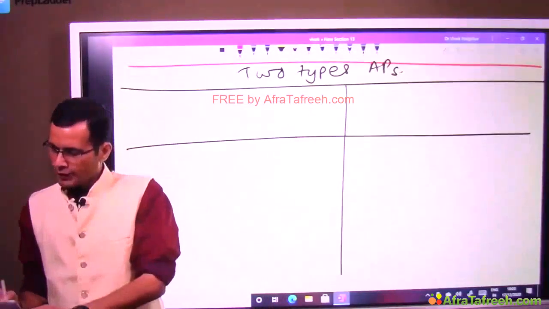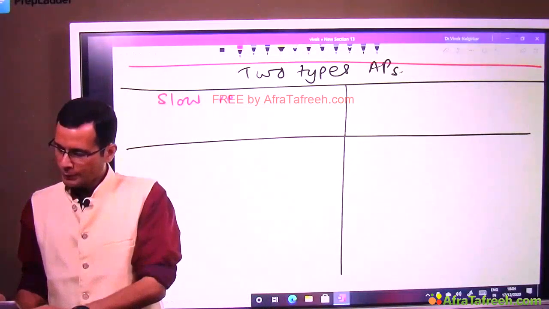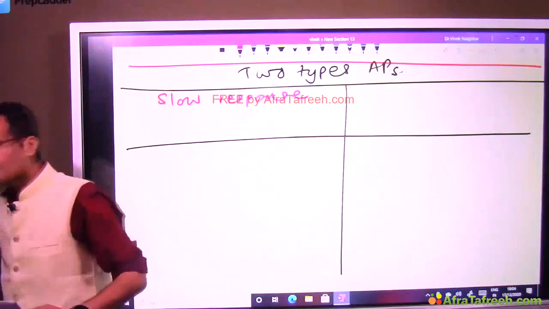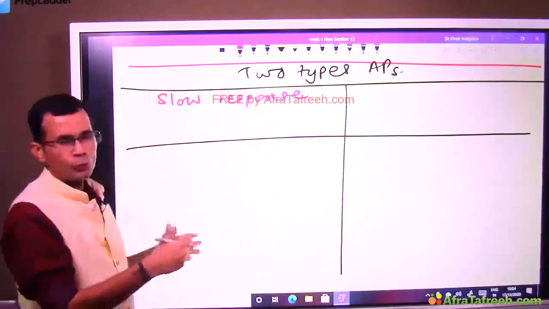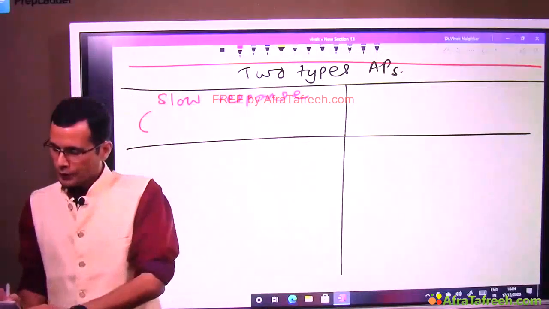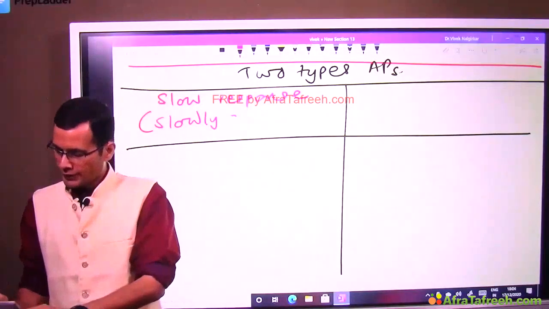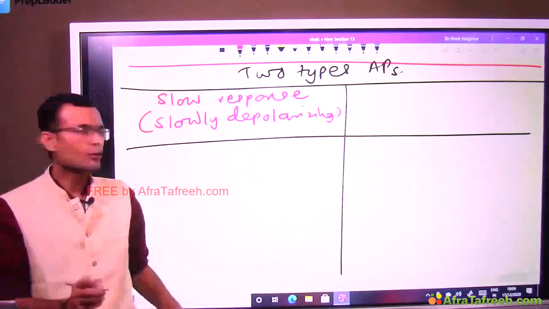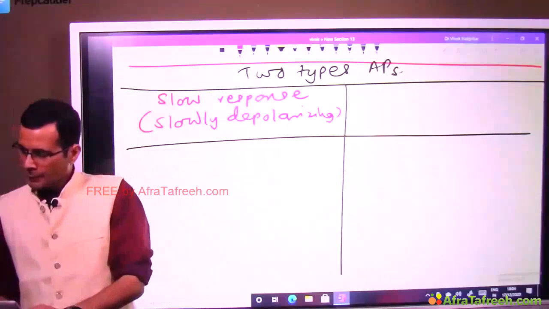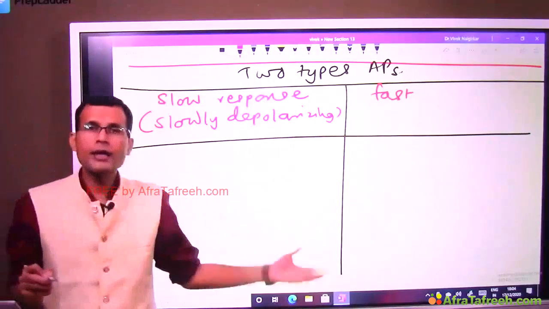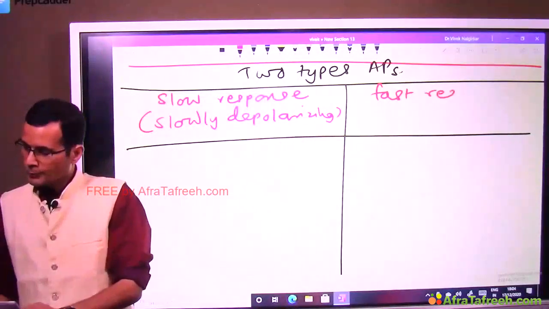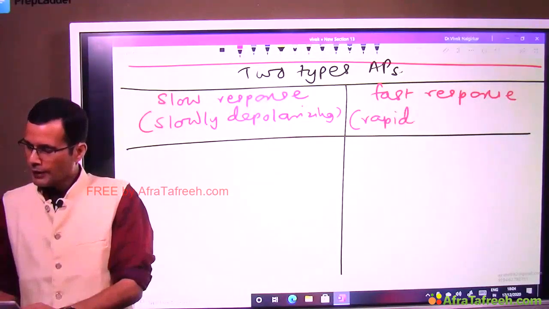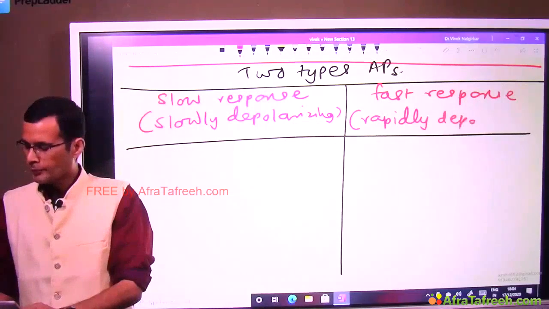The first type of cell is called slow response type. When we say slow response type, it means slowly depolarizing cell. And the other type of action potential or cell is fast response type, or rapidly depolarizing cell.